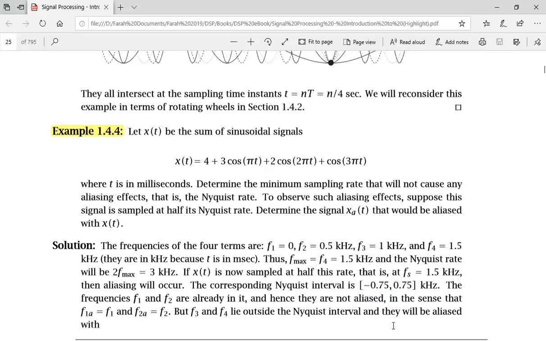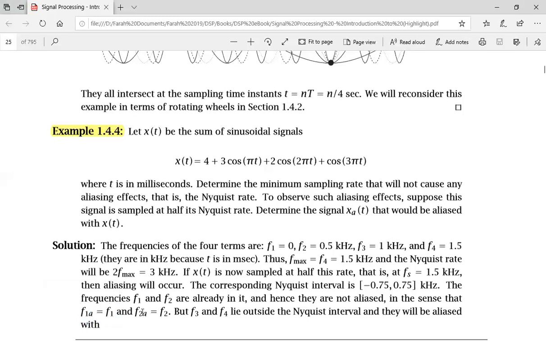Okay. What you observe from here is that if you are undersampling at 1.5 kilohertz, only the first two signals, that is f1 and f2, will be reconstructed correctly. Here f1a would be f1. It means whatever the signal frequency f, it would be reconstructed the same. So 0 would be reconstructed as 0.